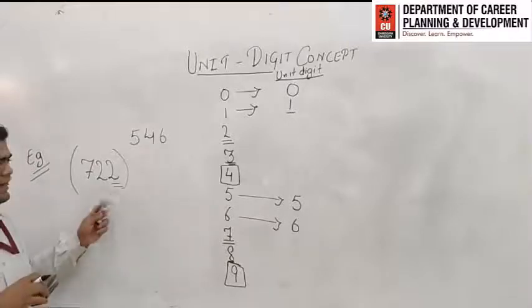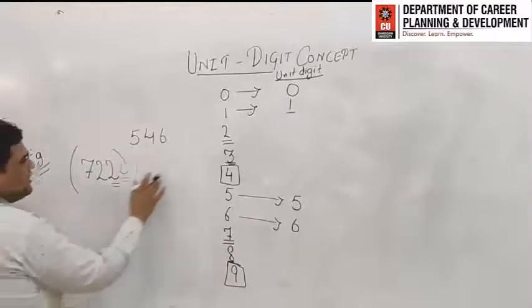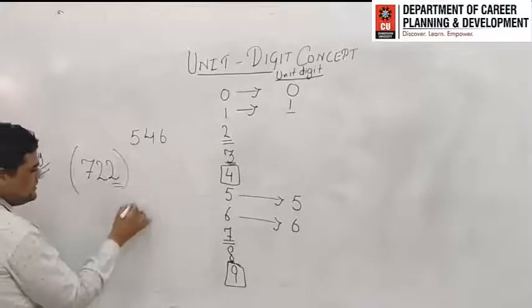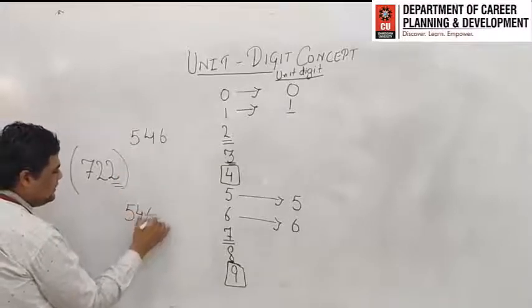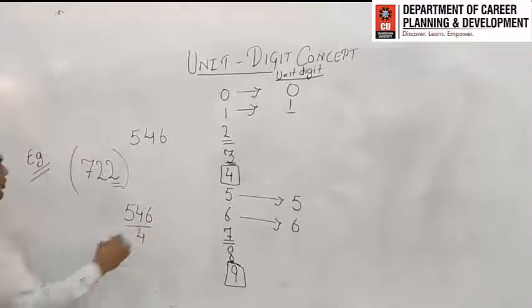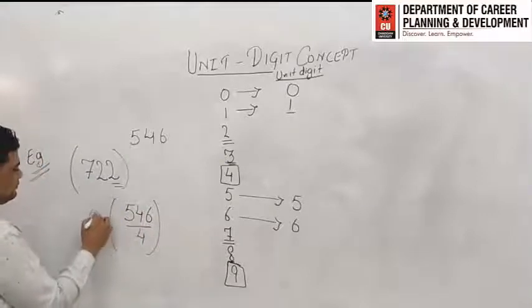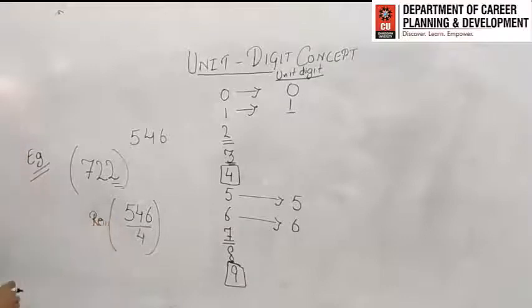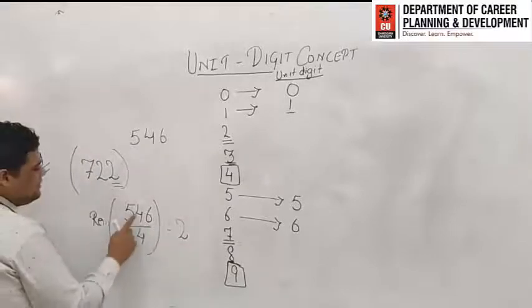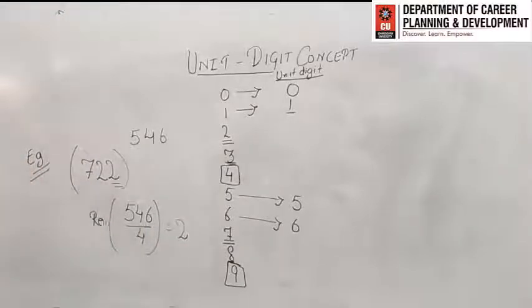Whenever 2 is at the unit place, the cycle will repeat after 4 times. So what we have to do? Just divide the power 546 by 4 and find the remainder. The remainder comes out to be 2.